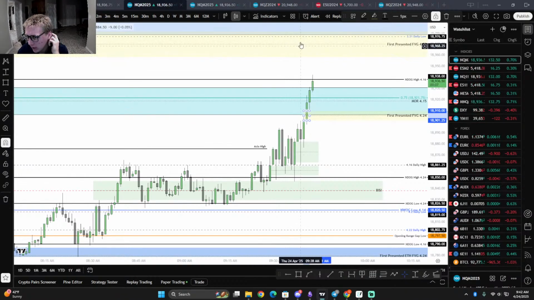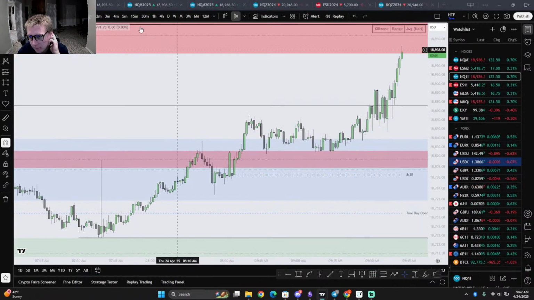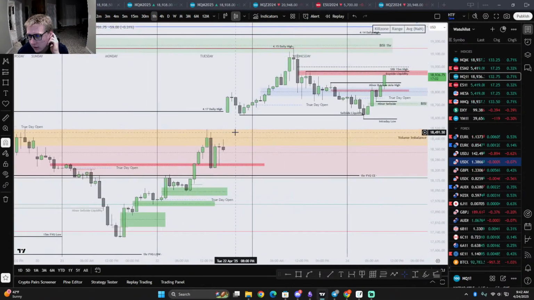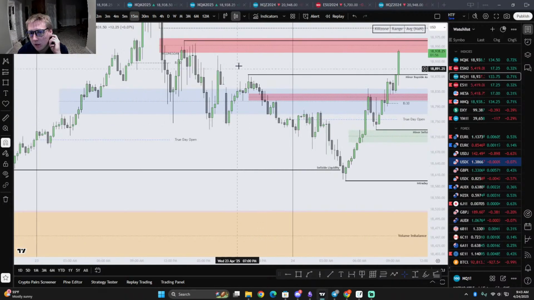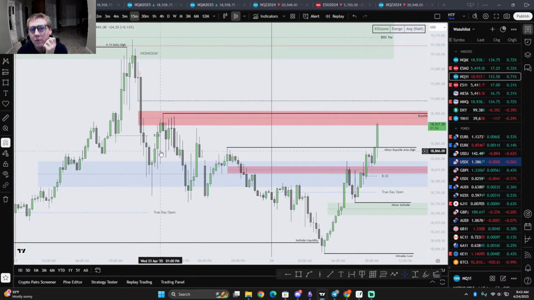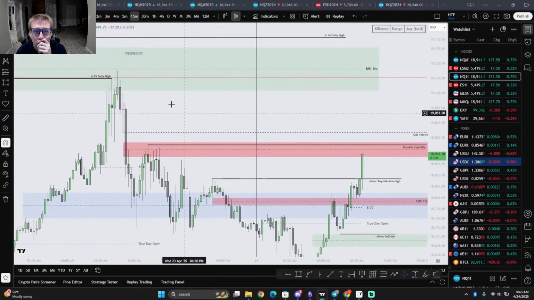Now let's see if we want to hit that first presented fair value gap, which will take us into that buy side liquidity. And then on the 15-minute, we also have a 15-minute CB high. It's another target. And then if we end up trading through all these wicks, all this back and forth, then we could look for this.